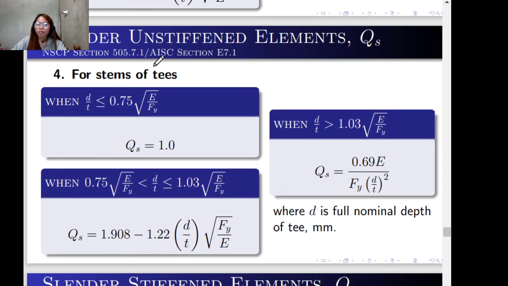For stems of tees, stems meaning if this is the t, and this is the d, d is the full nominal depth of the tee.